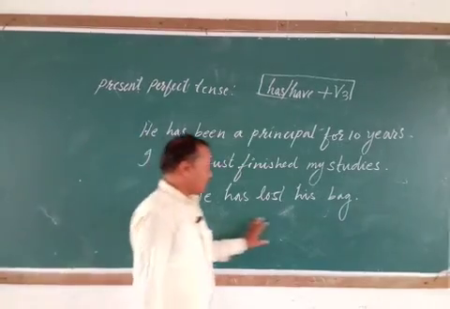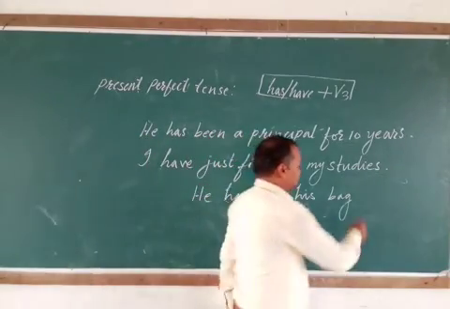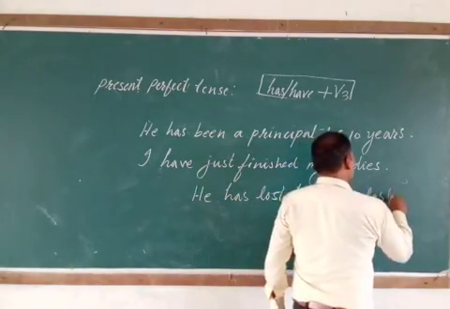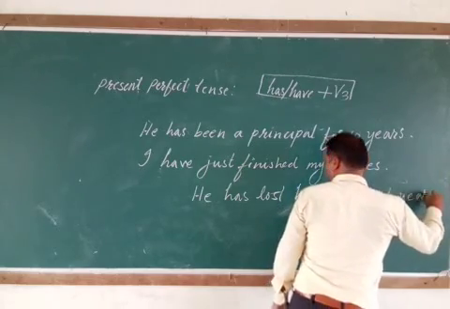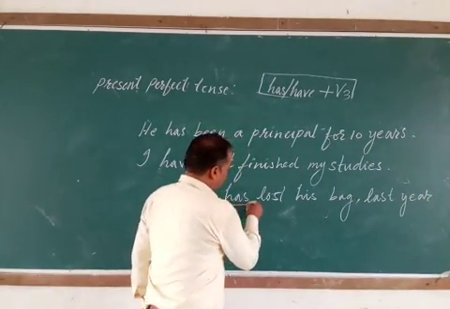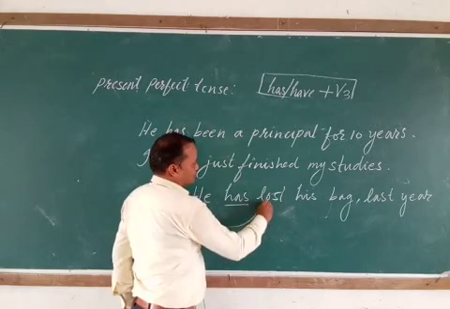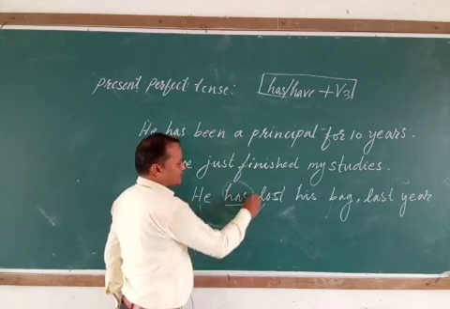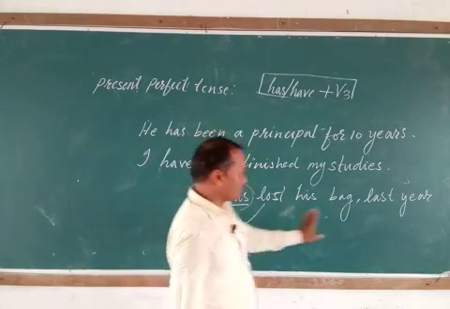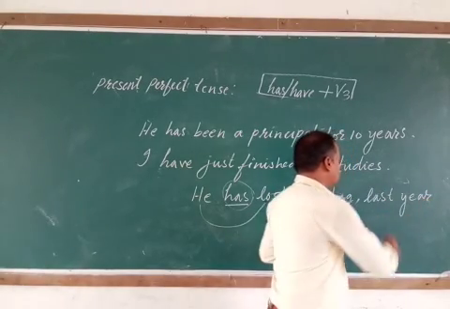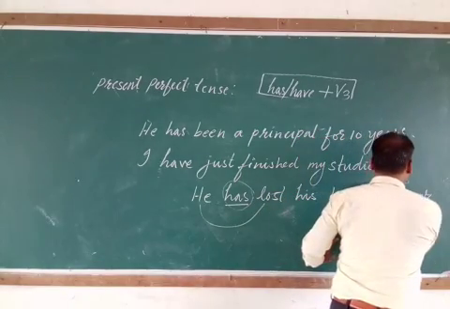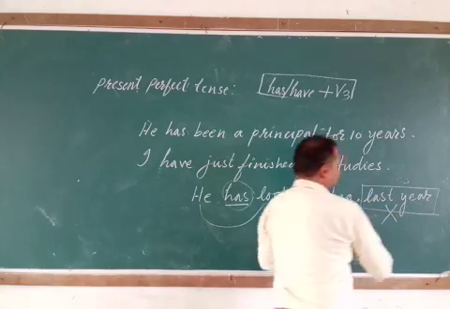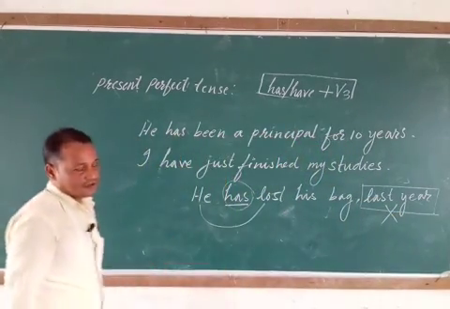If there is something like last year, we cannot use present perfect tense. We have to use he lost, simple past. So using last year, indicating a fixed time, is incorrect in present perfect.